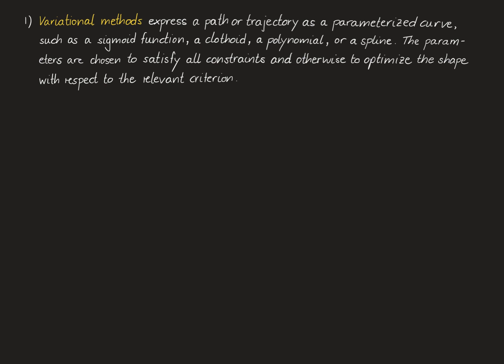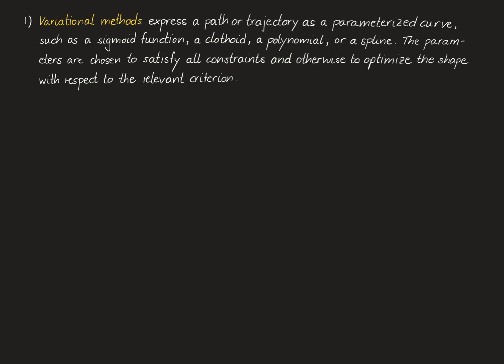The parameters of these curves are then chosen to satisfy all the relevant constraints, including the kinematic constraints of the vehicle, the dynamic constraints, and collision avoidance, and otherwise to optimize the parameters such that the shape becomes optimal with respect to the chosen criterion, which can be one of the ones that we have discussed before, so minimizing energy or fuel consumption, minimizing travel time, or maximizing passenger comfort.